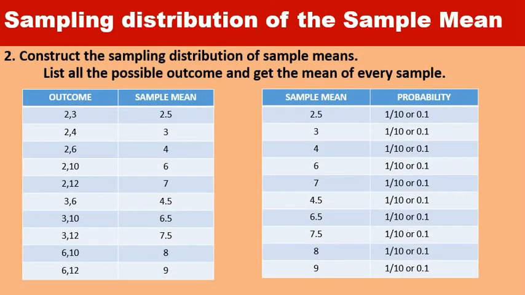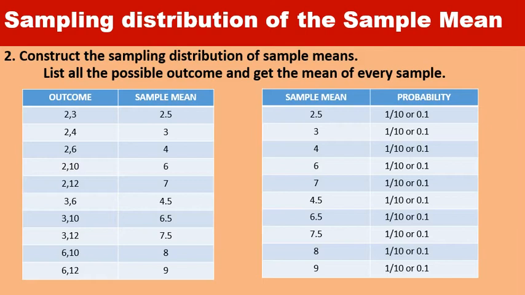So we will now construct the sampling distribution of the sample mean. List all the possible outcomes. So how many possible outcomes will we list? We have found out that there are 10 possible outcomes, so we will list 10 possible outcomes.